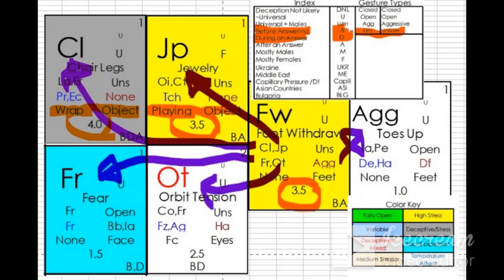So think of this like the self-soothing gestures. Playing with an object is a means of expelling that anxious energy, that desire to flee. That energy's got to go somewhere. So it's going to be focused on playing with the jewelry on the chest.